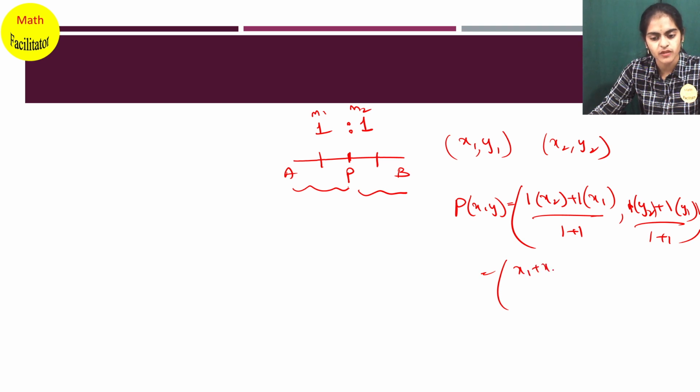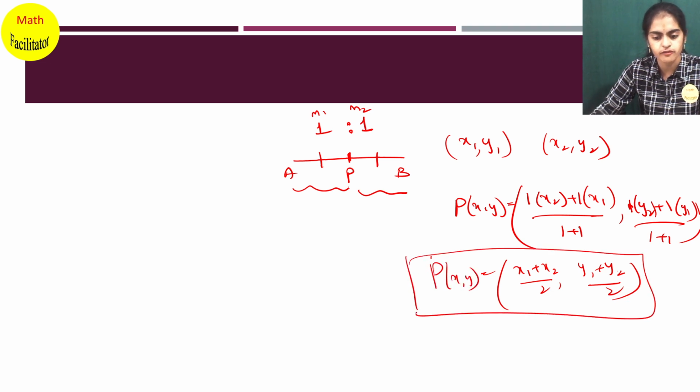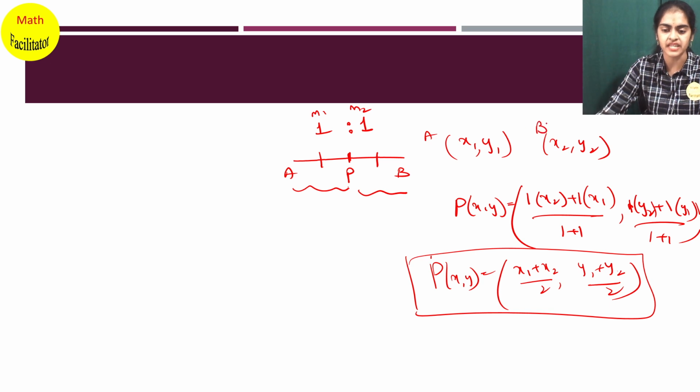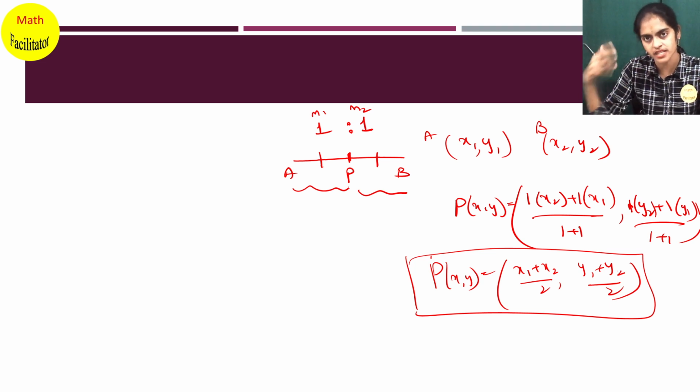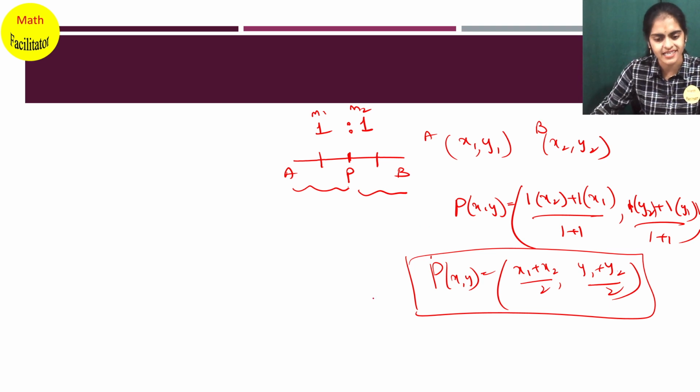It is nothing but (x1 plus x2) by 2, (y1 plus y2) by 2. So whenever a midpoint is asked, directly you will take this formula: the sum of x coordinates divided by 2 and the sum of y coordinates divided by 2. So from the section formula only we are getting the midpoint formula.